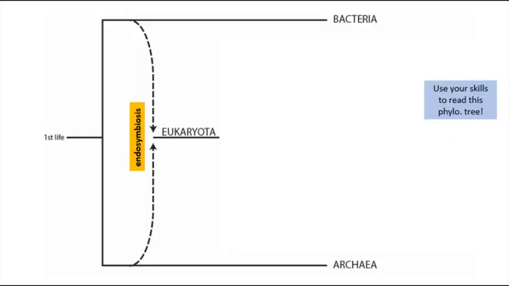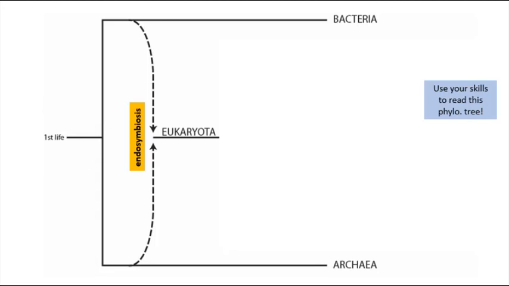Here's a very simple phylogenetic tree showing these domains of bacteria and archaea. The first life occurred around 4 billion years ago and split into these 2 prokaryotic groups.